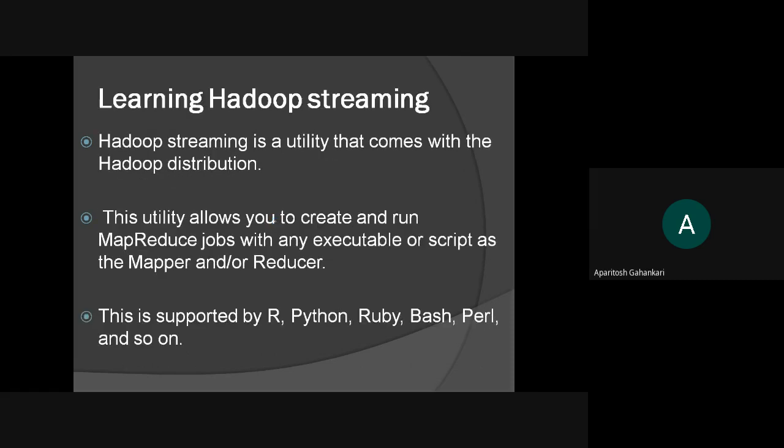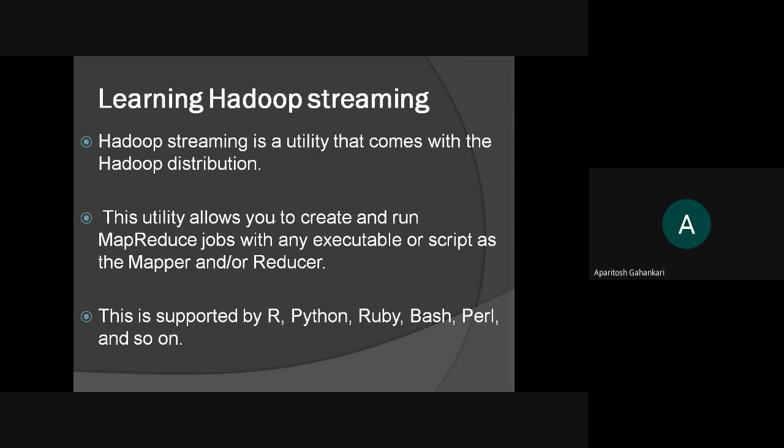Then the third way is Hadoop streaming. Okay, so it is the utility that comes with the Hadoop distribution, and it allows you to create and run MapReduce jobs with any executable or script as a mapper and/or reducer. So within the R programming language, you can write your mapper or your reducer, or both.